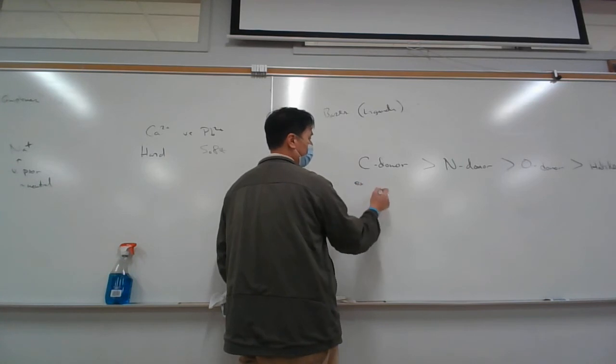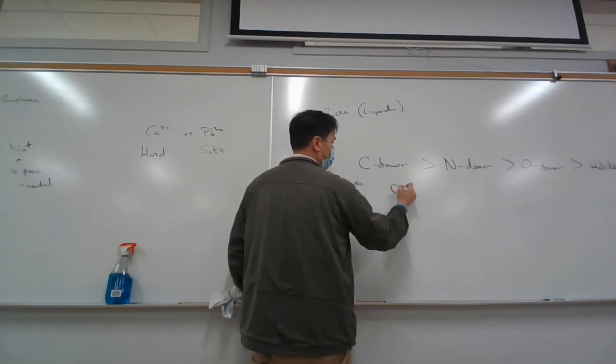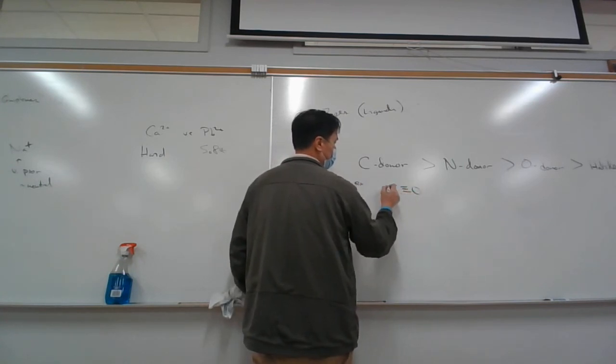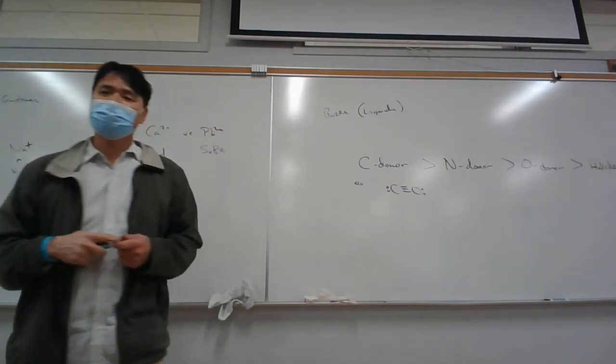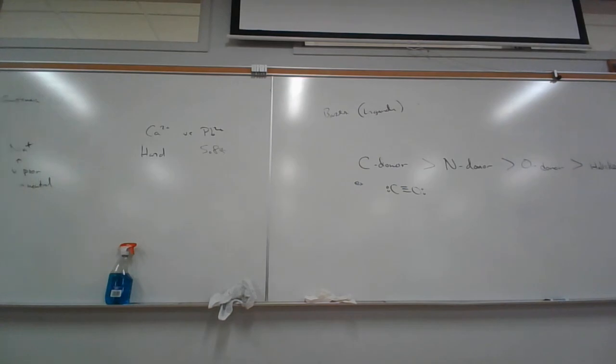Examples of carbon donors would be carbon monoxide. If you look at this, which one looks like a better candidate for donating an electron pair? We have oxygen versus carbon.